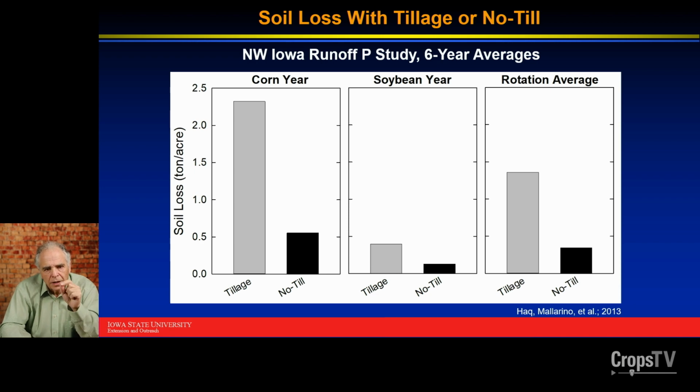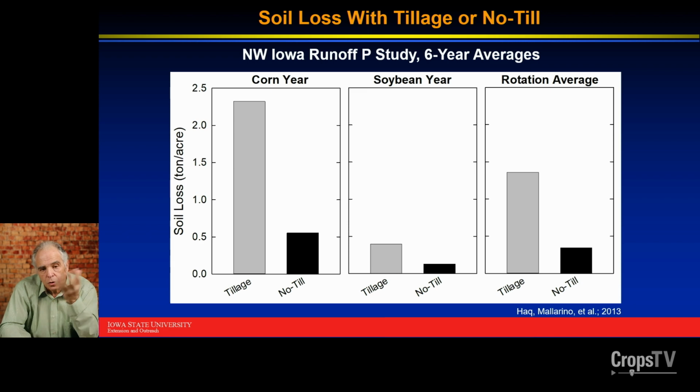So look at the difference between the tillage, which is the gray bar, and the no-till, which is the dark bar. It's a major reduction. In the soybean year, also there is a reduction. That's the middle chart. But look at how low the losses are compared with the corn year. And then, of course, we have the rotation average. So it is very important.